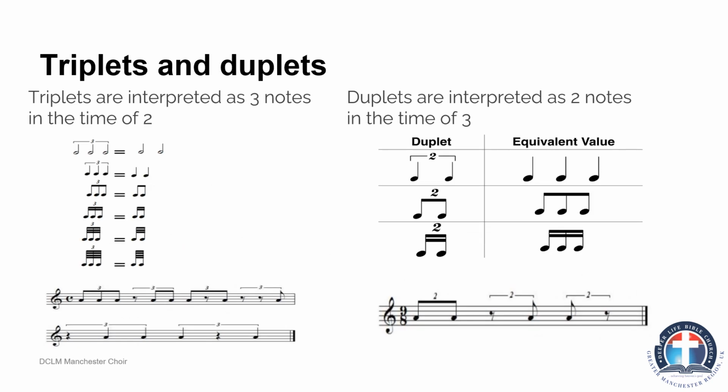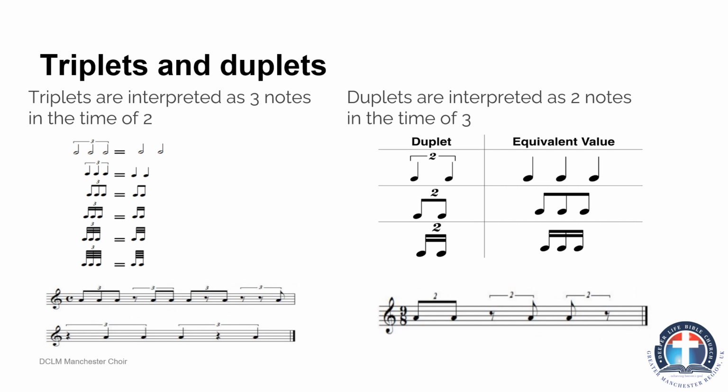So on to triplets and duplets. Triplets are interpreted as 3 notes in the time of 2. Sometimes you find pieces of music where 3 notes are connected with what looks like a bracket at the top and the number 3 written on top of the middle note. That is referred to as triplets.